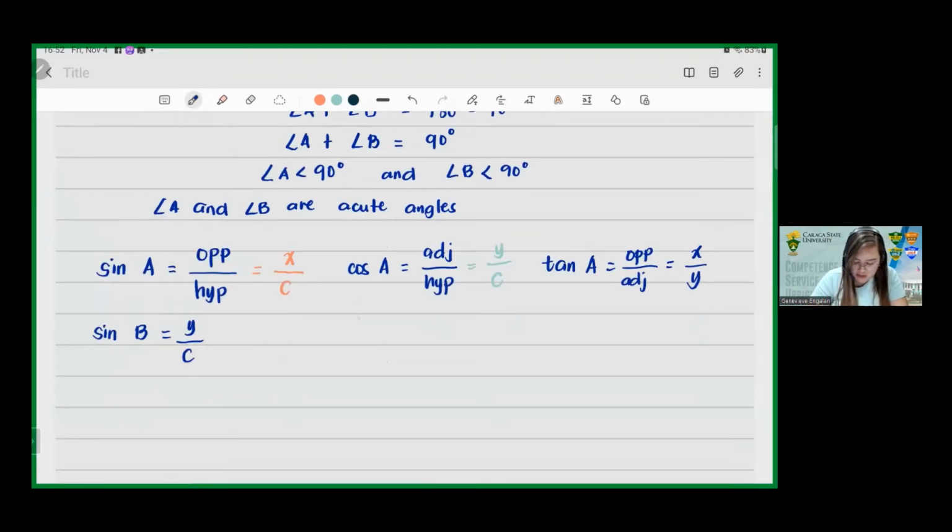The cosine of B is equal to x over c. And the tangent of B will be equal to the opposite over adjacent.